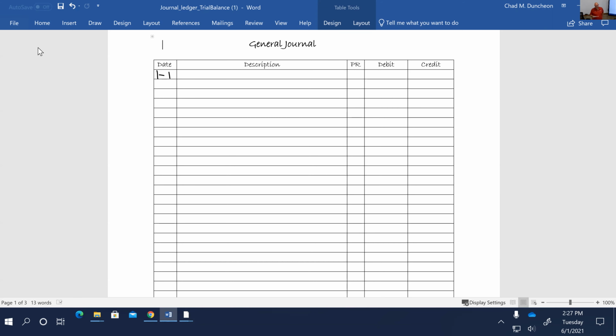We borrowed money, meaning we are going to receive cash, and we signed a note payable. So our two accounts are going to be cash and notes payable. Cash, being an asset, is going to be increased with a debit entry. So we always enter our debits first. We're going to enter cash as our debit entry in the amount of $50,000.